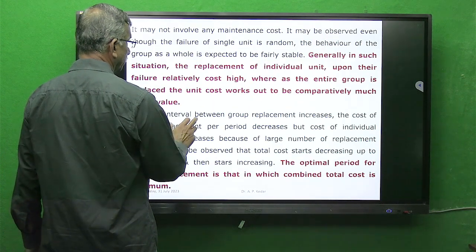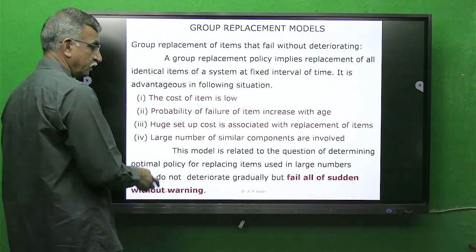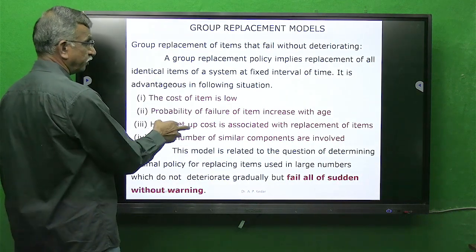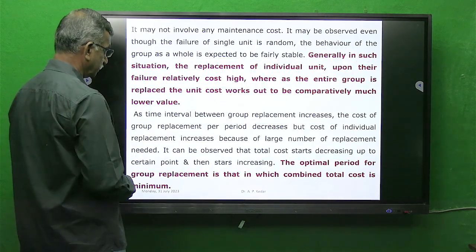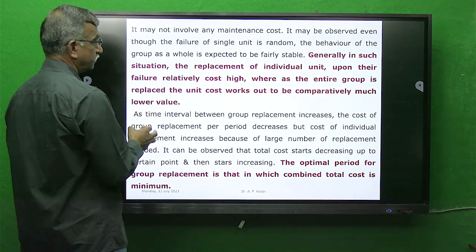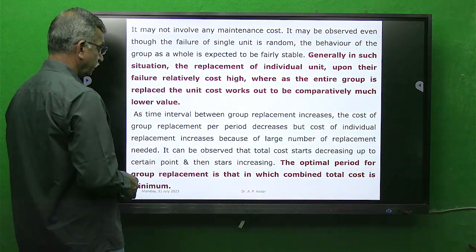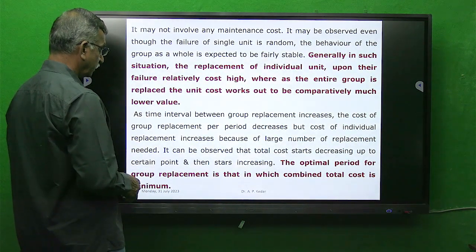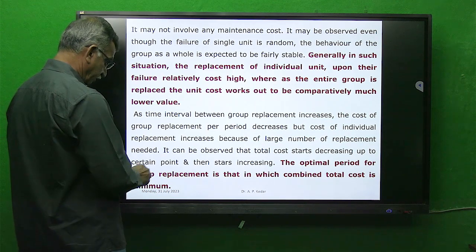This we have seen in our first lecture of group replacement. This also we have discussed, that what is the situation where you have to go for group replacement.